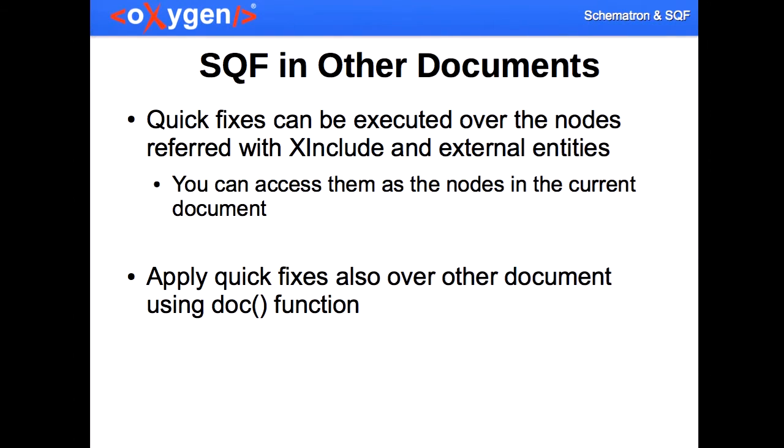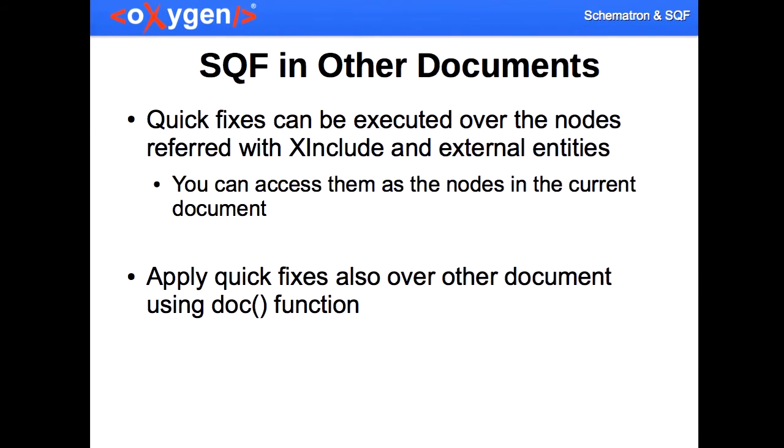For example, if you have a docbook and you have XIncluded files or external references, you can apply the fixes on the documents that are referred, and the fix just needs to refer to the elements directly from the included file without knowing where it is, or without knowing the system ID of the file. And I will show you an example.